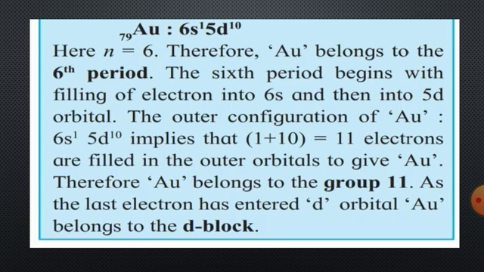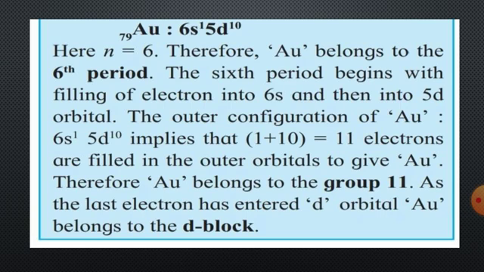Therefore, gold belongs to group 11. As the last electron has entered the d orbital, Au, that is gold, belongs to the d block.